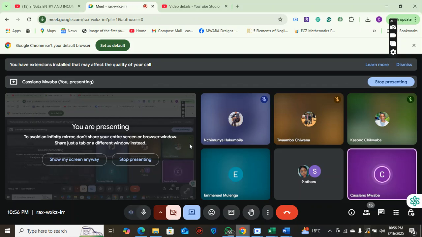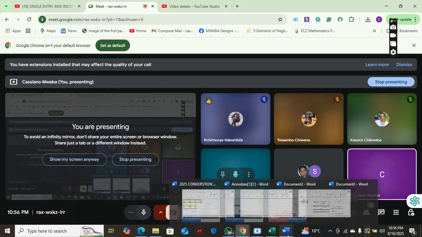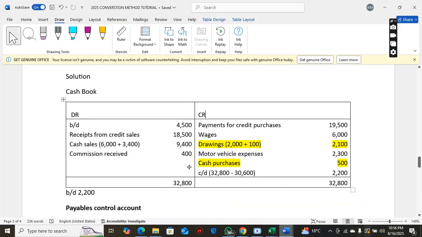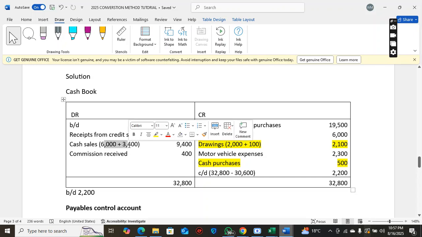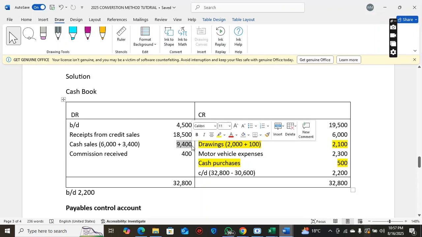So maybe the diagram, is it the cash book diagram which you're talking about? Let's see. Okay. So we debit cash 3,400. So 6,000 plus 3,400, we get 9,400.